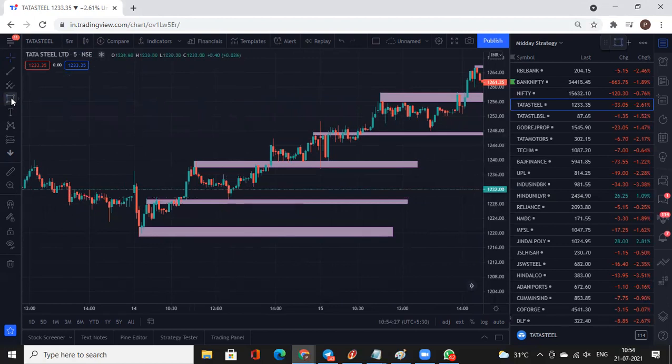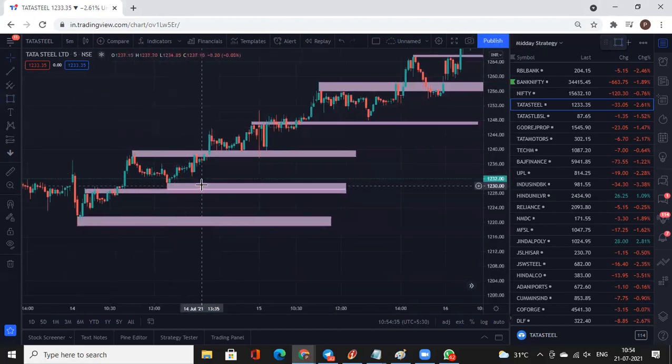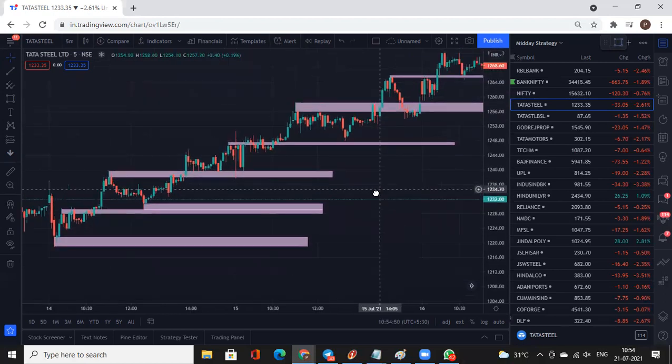Okay, I have to mark this also. Let me mark this also on top of this. I'm marking it. See, there is no series of lows, so leave that. There is a series of lows, 1 2 3 4 5, but there is no 5 is to 2, right? So already we marked, so no need to worry about that.